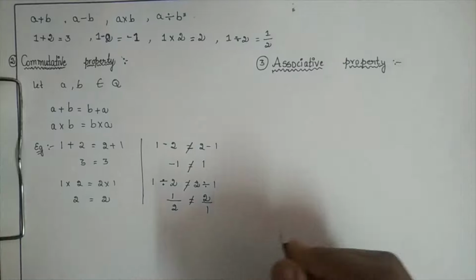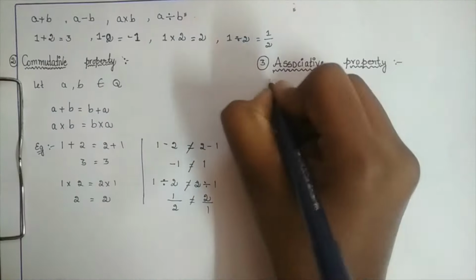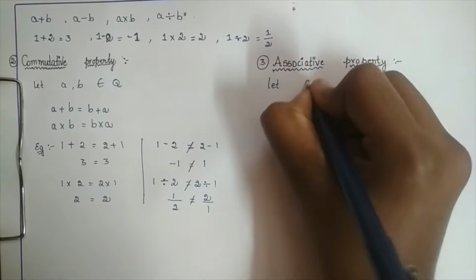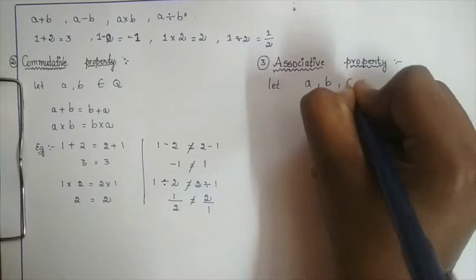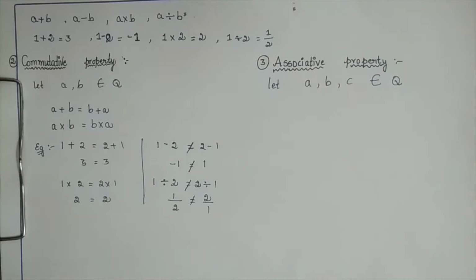Now the next property is the associative property. Here let us take 3 letters a, b, c, which belong to rational numbers.